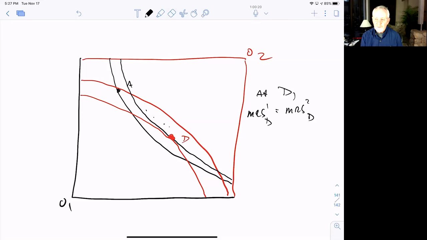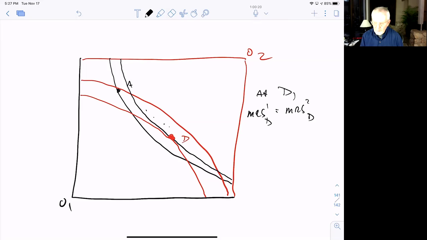Whereas delta Y is positive and delta X is negative for person 1, delta Y is negative and delta X is positive for person 2, but the ratio is exactly the same and it's negative. So the slopes of these indifference curves can be read from either origin, just like we would read it from the origin for person 1.